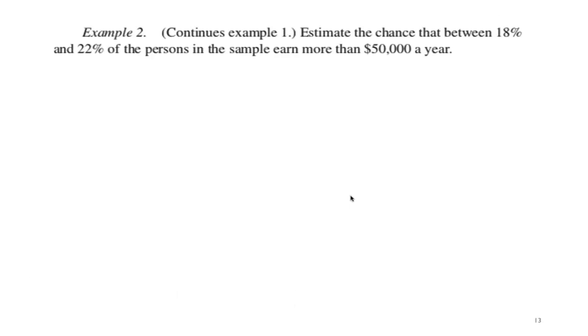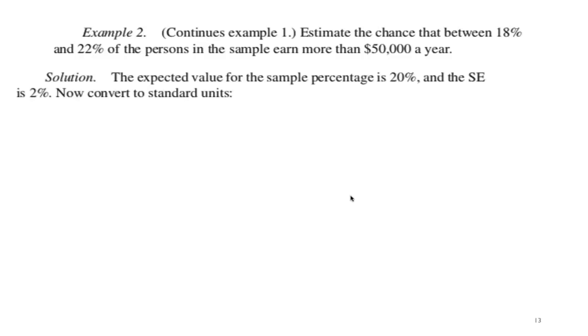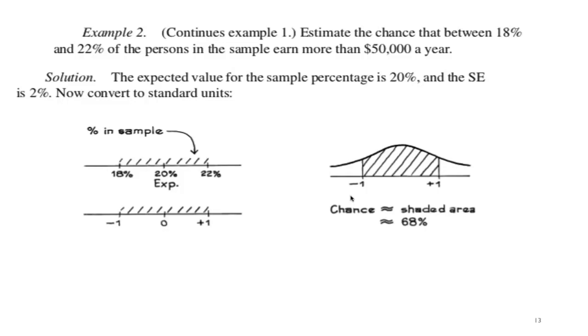Now we want to do another example, which is the continuation of the previous example. We want to find the chance that between 18% and 22% of the people in the sample earn more than 50,000 a year. So now we want to convert all this into a chapter 5 problem, which is a normal distribution problem. Because the expected value is 20% and the SE for percentage is 2%, we convert all that into standard units, which is the z-score from chapter 5.